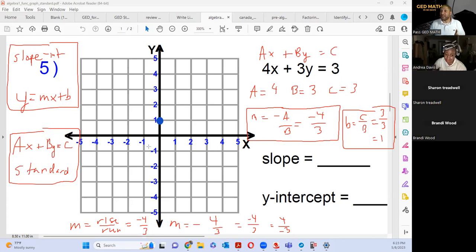A common mistake people make is going down 4 and thinking they're done. So down 4: 1, 2, 3, 4. And then my run is what? 3: 1, 2, 3. Now you have your two points. How many points do you need to make a line? 2. That's all you need. Connect them. That's it.